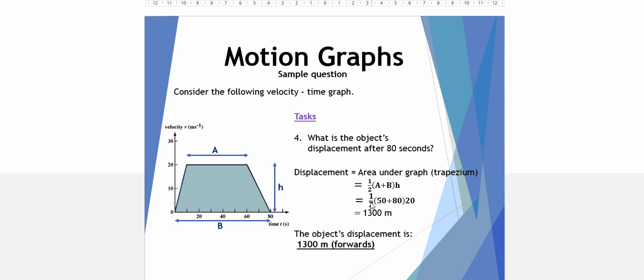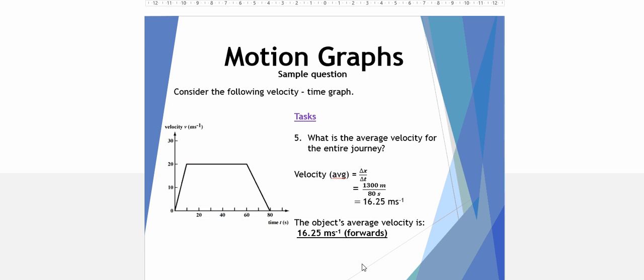So it is half of (50 plus 80) multiplied by a height of 20. So that comes out to 130 multiplied by 20 is 2,600, and then halved comes out to 1,300. So the object's displacement is 1,300 meters forward, just the area under the graph.